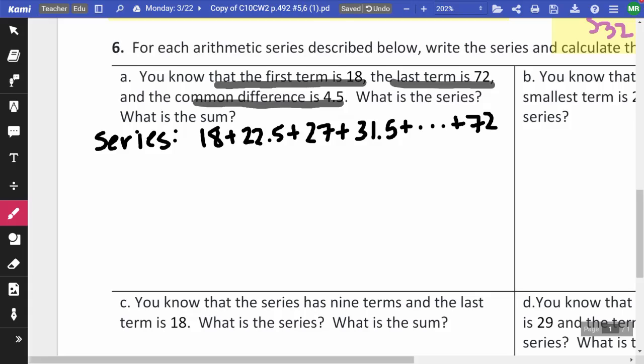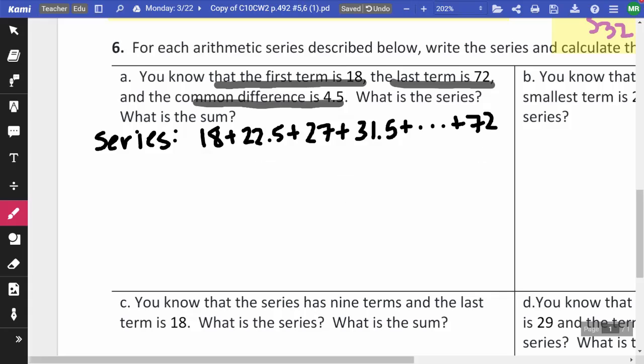The sum is when I add all of these up, starting with 18 all the way up to the 72. Unfortunately, I do not know how many terms this is. That's what I need to find.